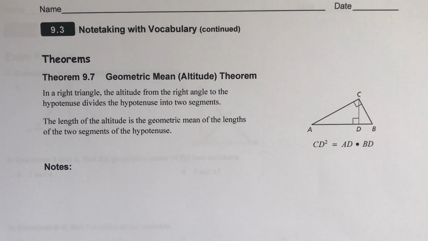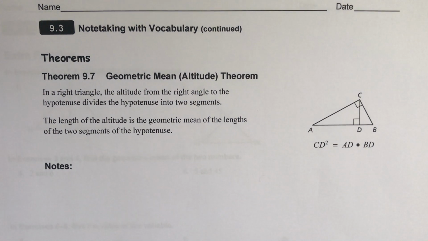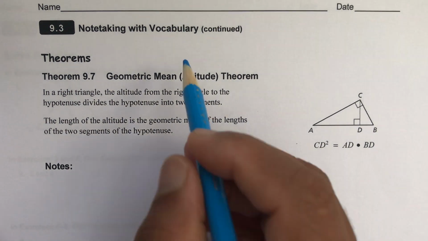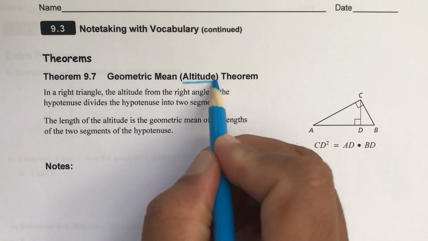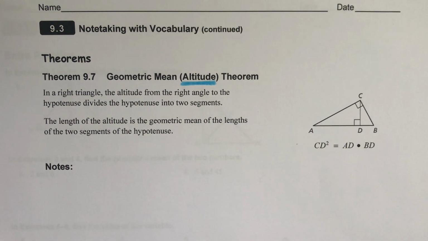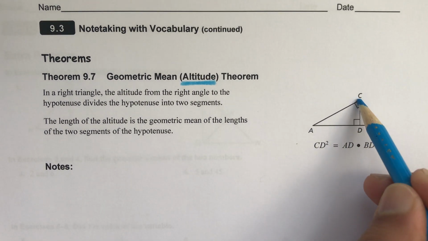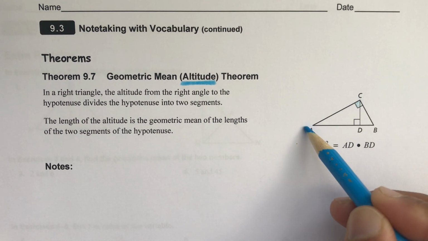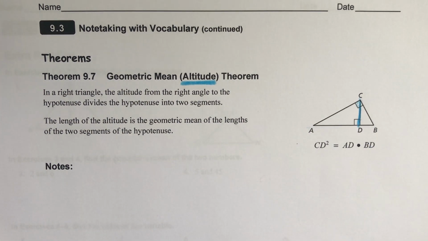So the very next one is the geometric mean altitude theorem. In this case, what do we see? It is just like a use of geometric mean, but here we are going to find our altitude. All right, so if we have a right triangle, the whole original one, and I drop a perpendicular here, I draw an altitude here.